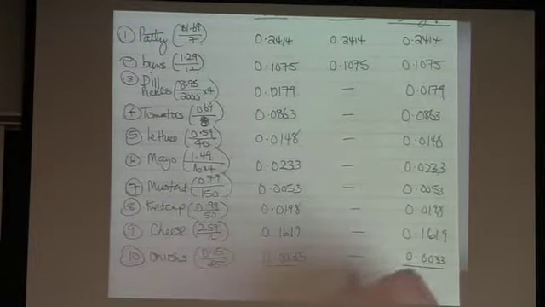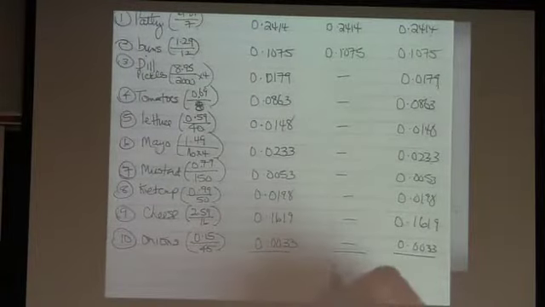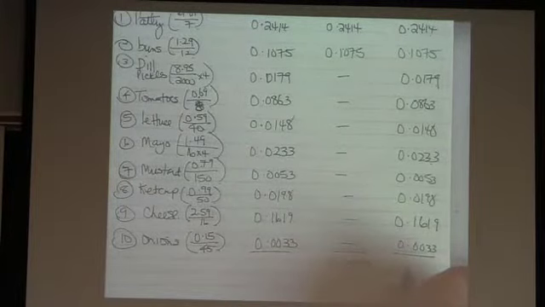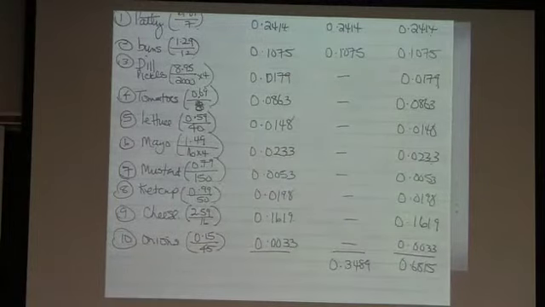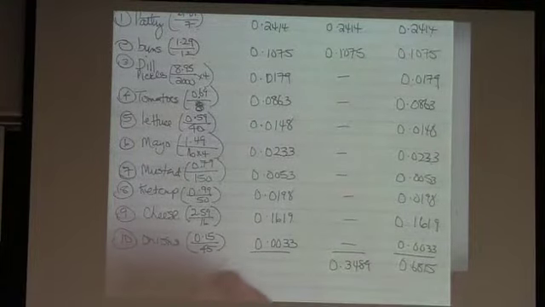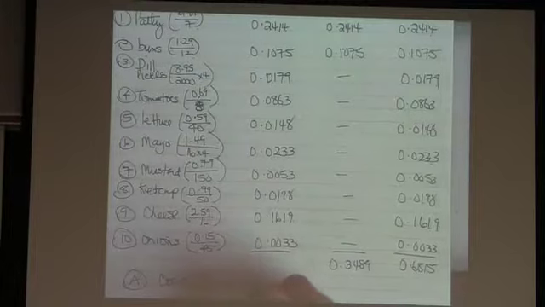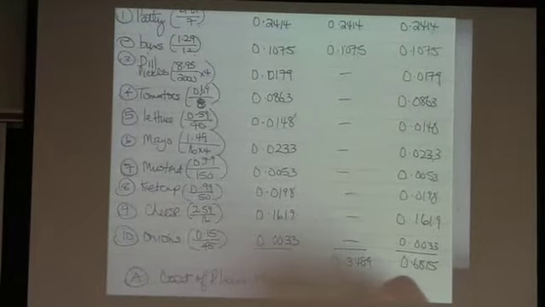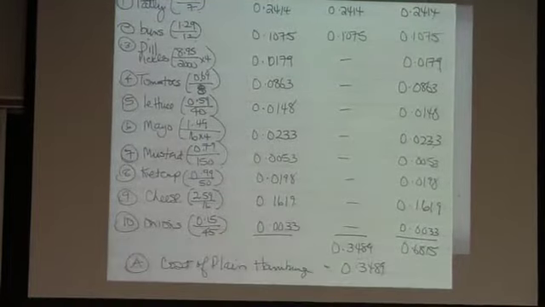So if you add this all up, you get 0.3489, and this is 0.6815. So to answer part A, the cost of a plain hamburger is 0.3489.